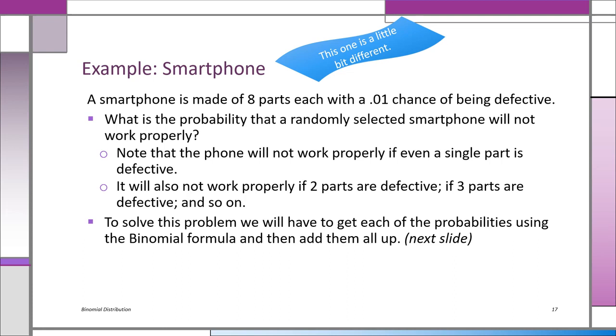The sum total of all of those probabilities is the answer to the question, what's the probability that a randomly selected smartphone will not work properly? We're going to show how that works and then hopefully figure out a hack to do it a little bit differently and a little bit easier.